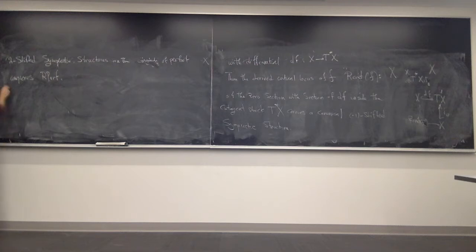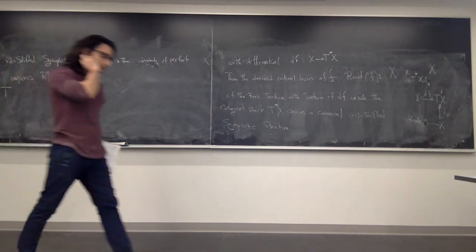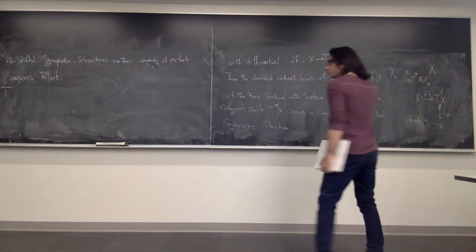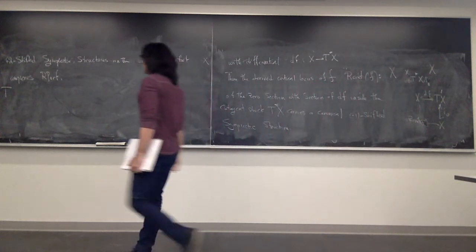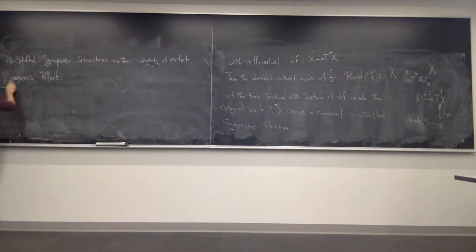It will be just two shifted. But then when I give you the category of perfect complexes, I will pull back some of these perfect complexes to a variety of given dimension.